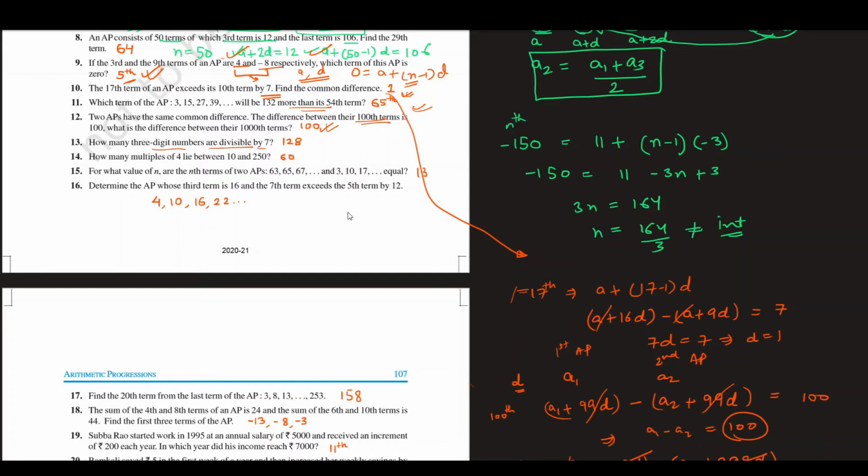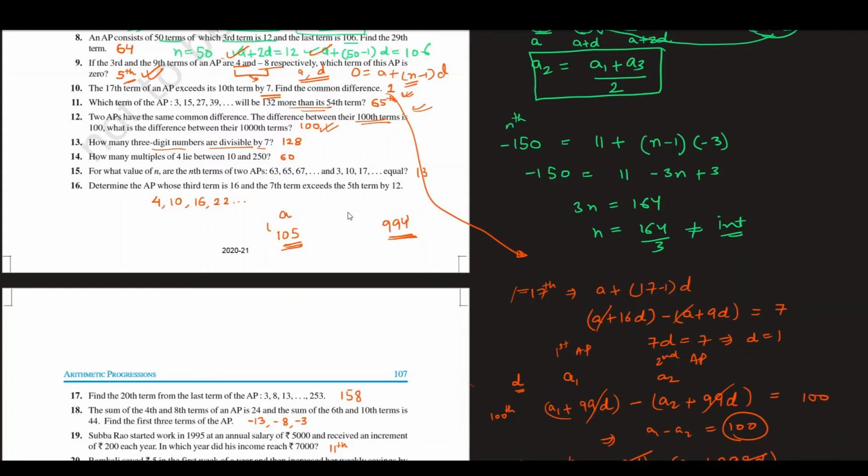Then, how many 3-digit numbers are divisible by 7? We have looked at a similar example in the last video. First we have to tell where it is starting. It will start from 105, as 105 is the smallest 3-digit number divisible by 7. Then we have to take an end. The end will be 994, because 994 is the largest 3-digit number that is divisible by 7.